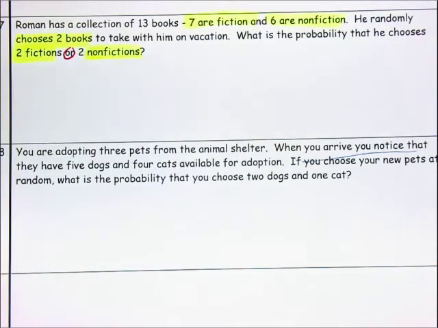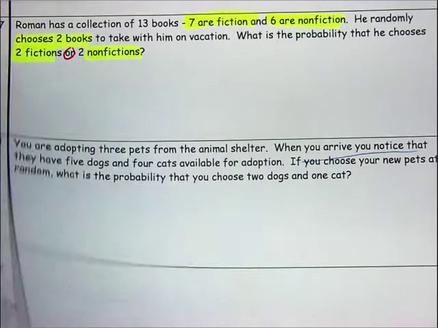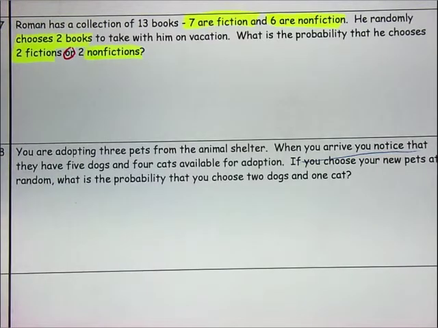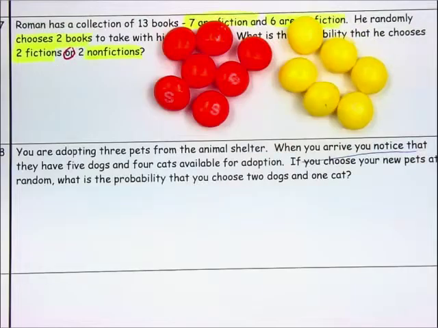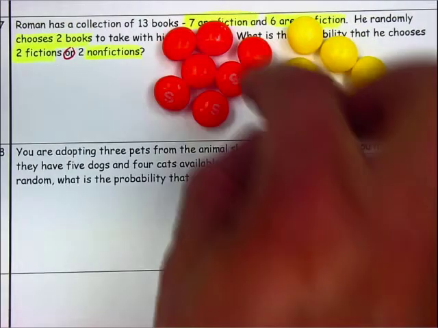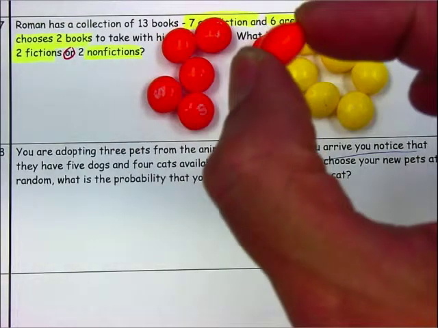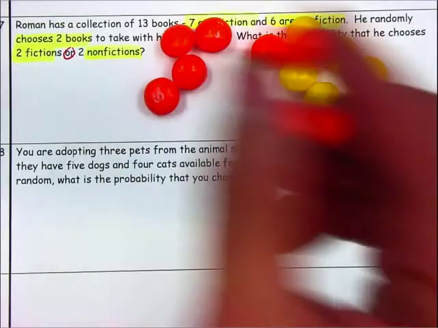Now, in this case, notice the difference. Let's assume these are your fiction and these are your non-fiction. In this type of problem, we're not just selecting 1 and then another.